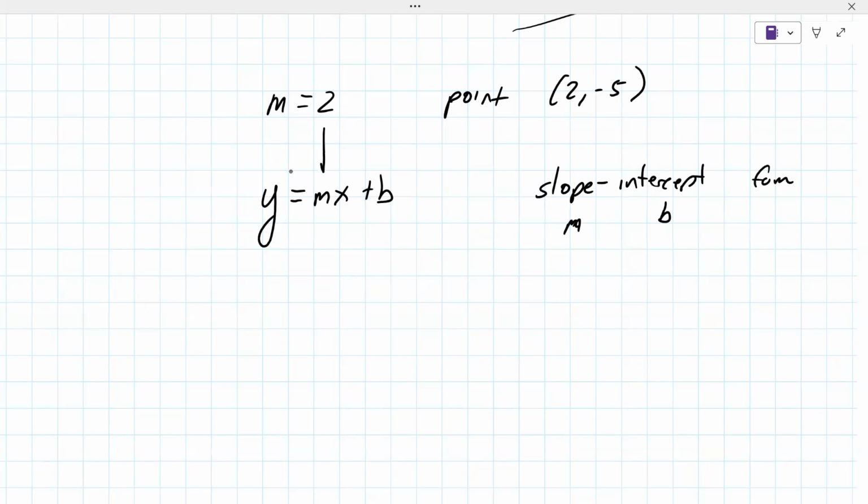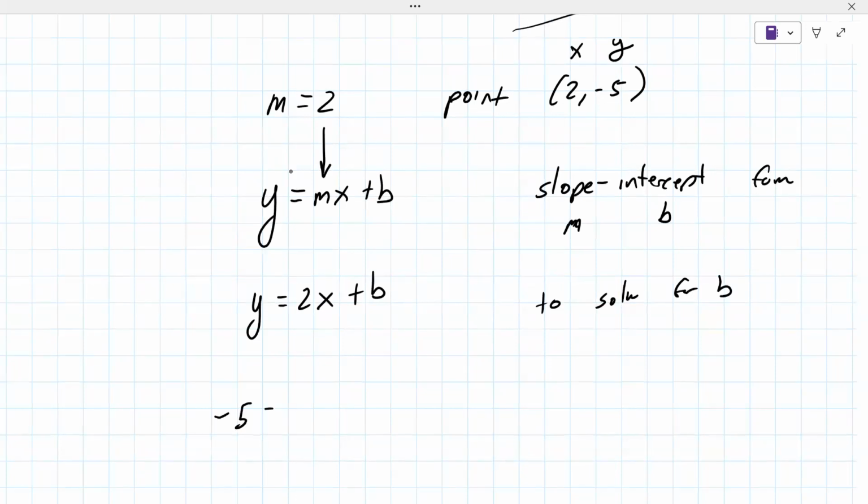All right, so now you put this number in for m. y equals 2x plus b. That's the first thing. To solve for b, you use the point. Your point is an x and a y value. So you have -5 equals 2 times 2 plus b. Notice that when you put the x and the y in, the only thing that's left is the b.